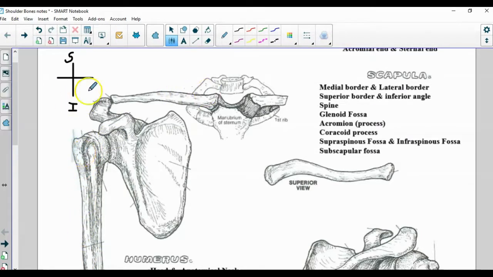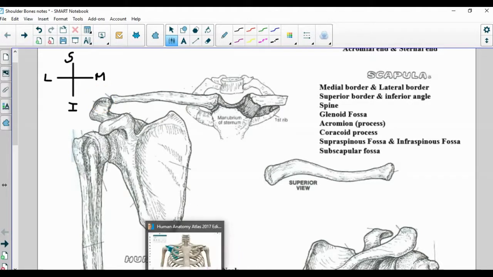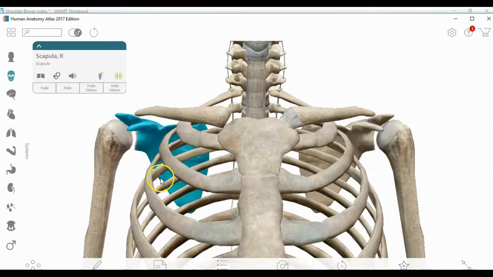From here, because we're looking at the right side of the body, we're not going to do right and left. We're going to go to lateral and medial. Okay, so that applies to this picture here, and you can see in the anatomy app that makes sense. Here's the midline, so this portion is more medial, lateral is over here, superior, inferior down towards the feet.